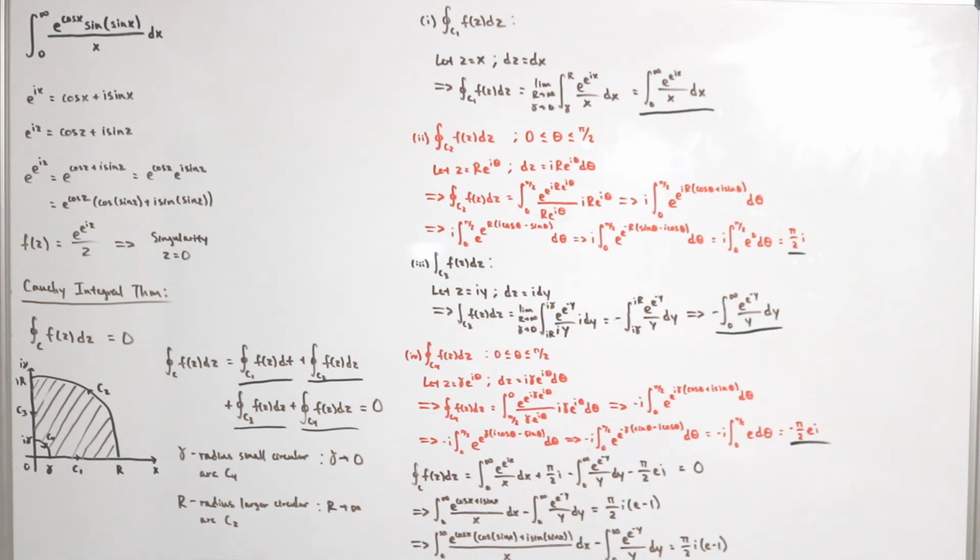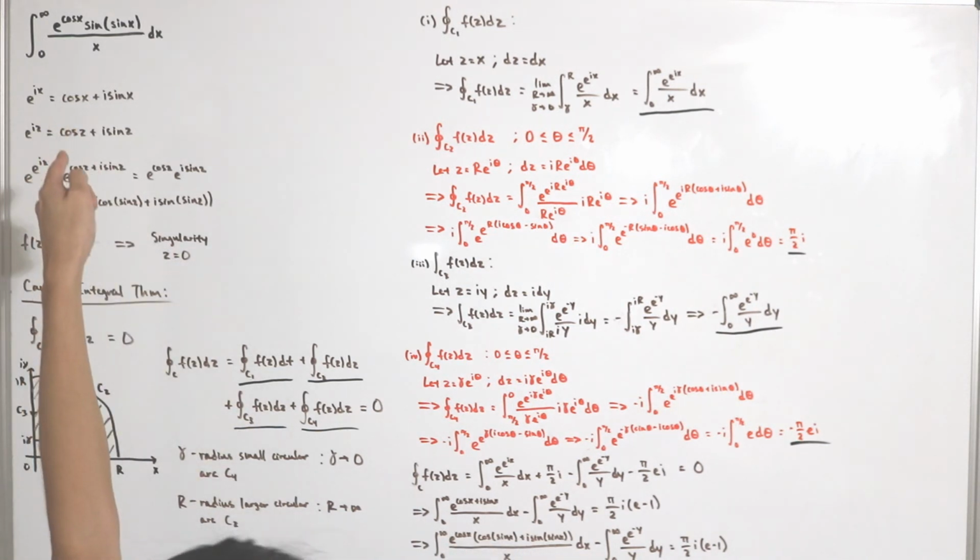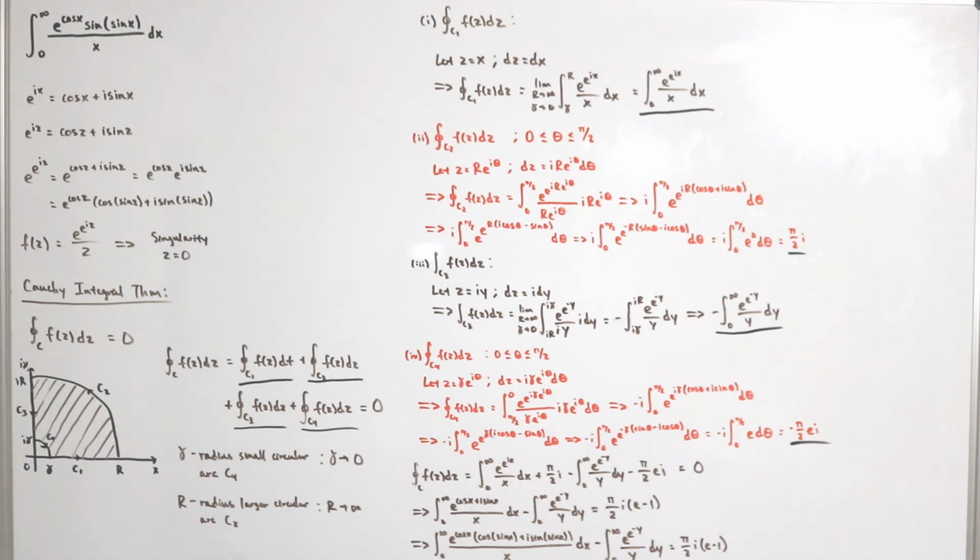Because they share imaginary parts on both sides, and we also have the format that e to the cosine x distributes sine of sine x, which has a similar format to our original integral, equating these imaginary parts, we're actually going to get that the final answer is equal to just pi over 2 multiplied by e minus 1.